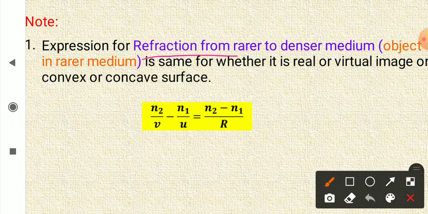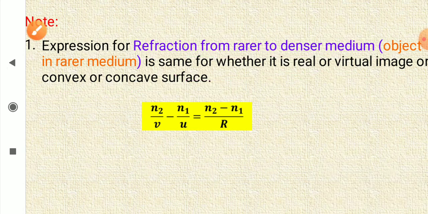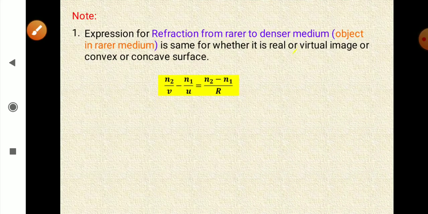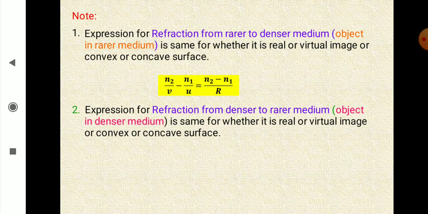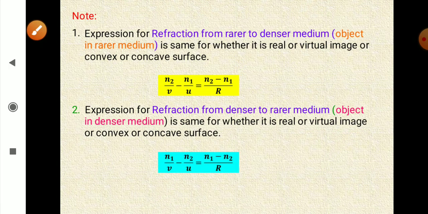So here, the expression for refraction from rarer to denser medium is same whether it is real or virtual, convex or concave. See, whatever be the shape of the refracting surface, you will get the same result. And the expression for refraction from denser to rarer medium, when the object is in denser medium, you will get the same relation.